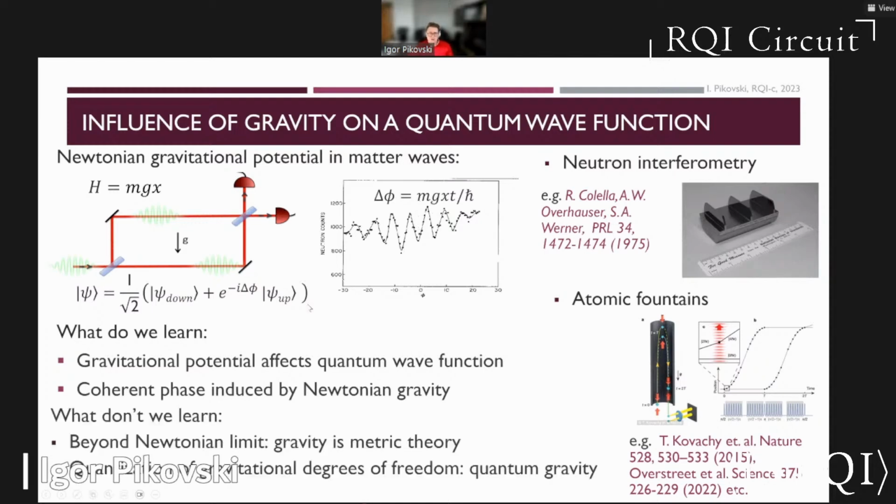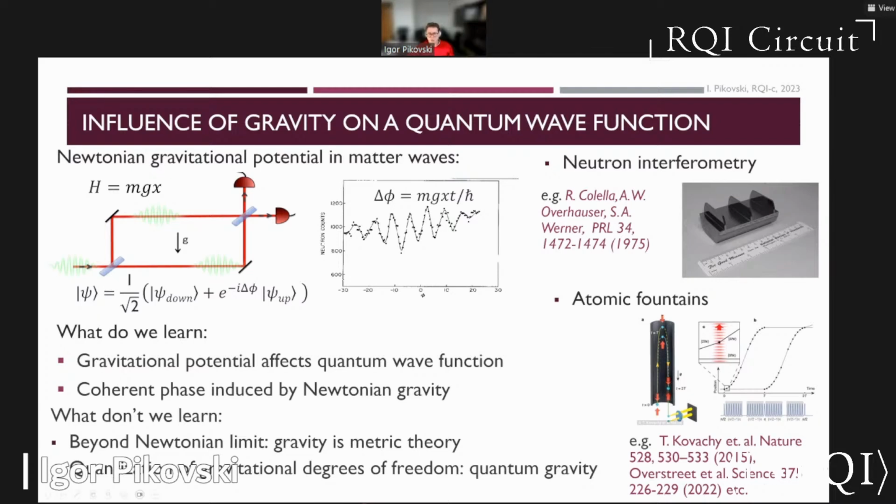What we don't learn from such experiments are two unique questions that arise when we have gravity. One is, gravity is a metric theory, and so going beyond the Newtonian limit is interesting because we do want to probe something that's unique to general relativity. It does not have an analog in other interactions.